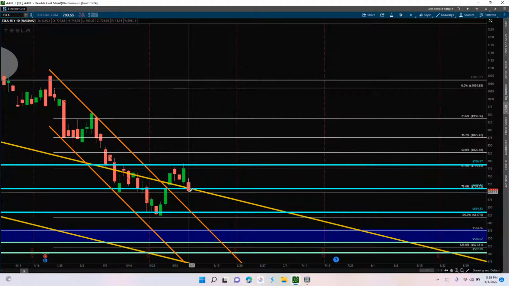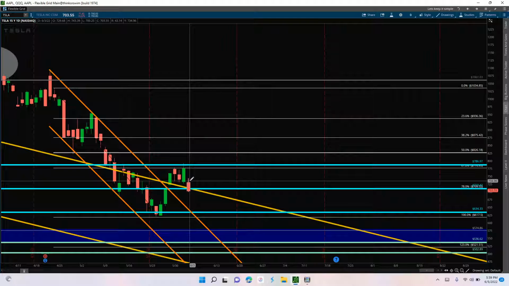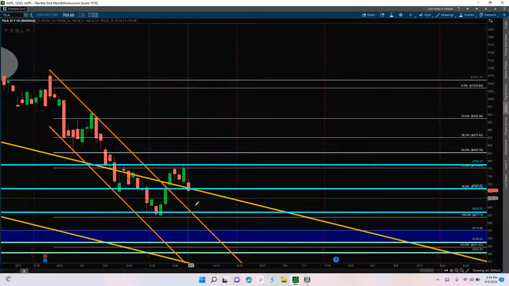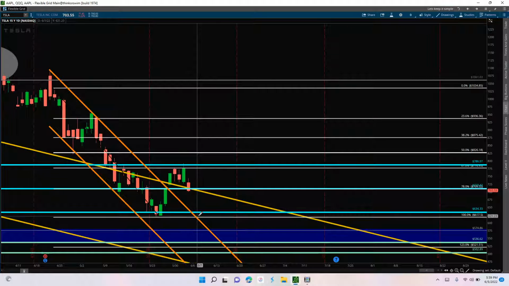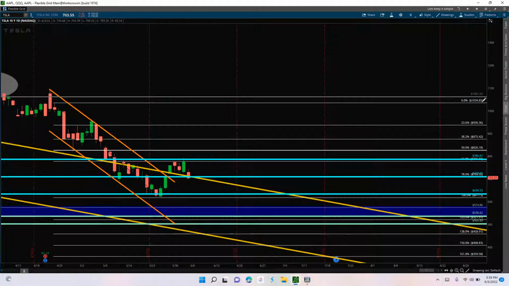If buyers fail to defend here, we can drop and eventually test this channel somewhere around here, which is also this low, which is also this support. Now let me cancel this. And if that doesn't hold, we can work our way to the bottom channel.